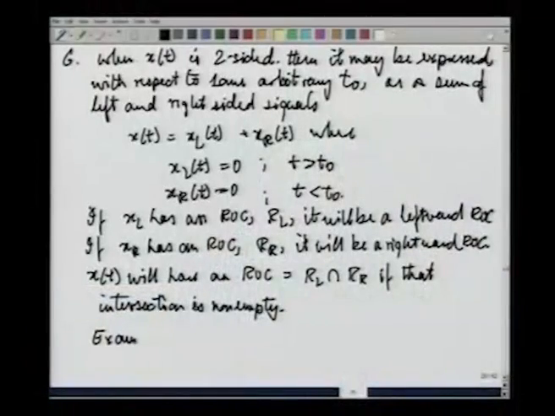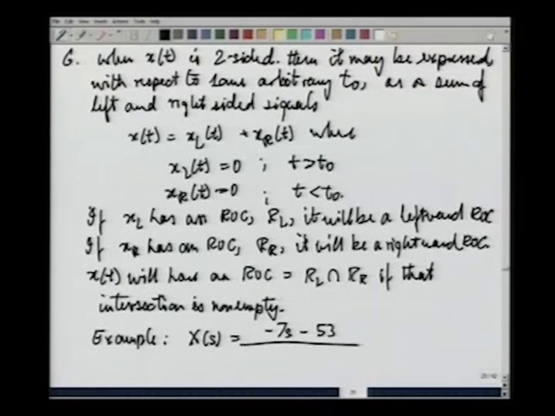So, let X(s) be given as minus 7s minus 53 divided by s cubed plus 5s squared plus 17s minus 123.